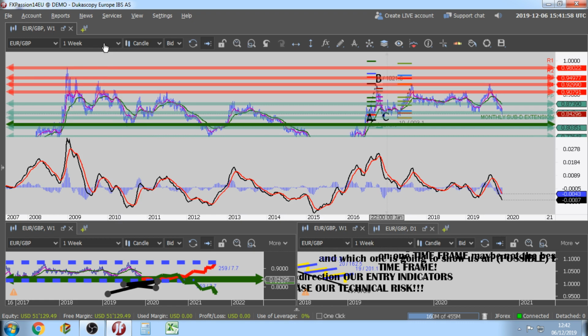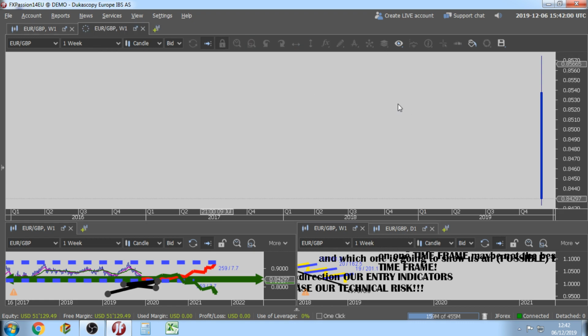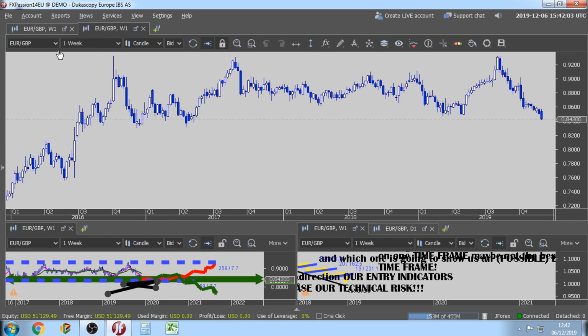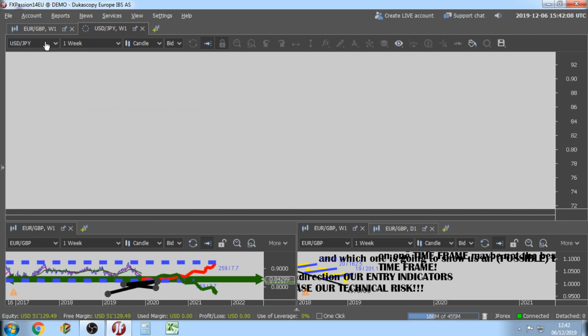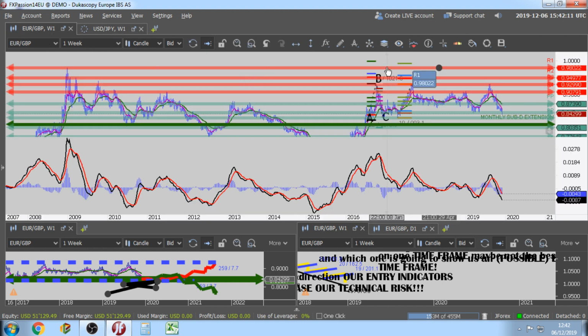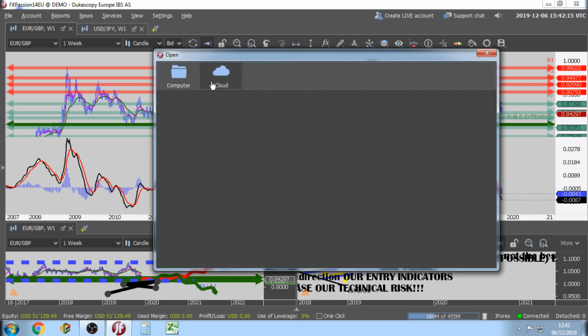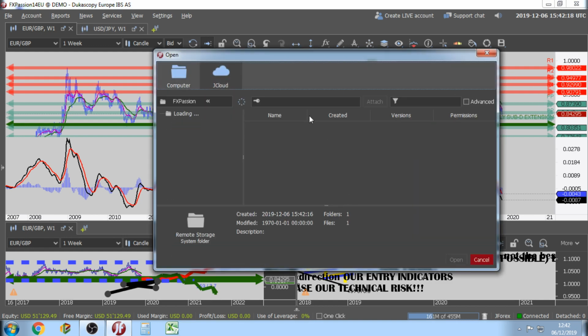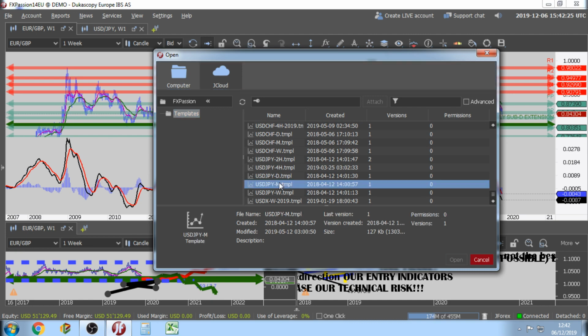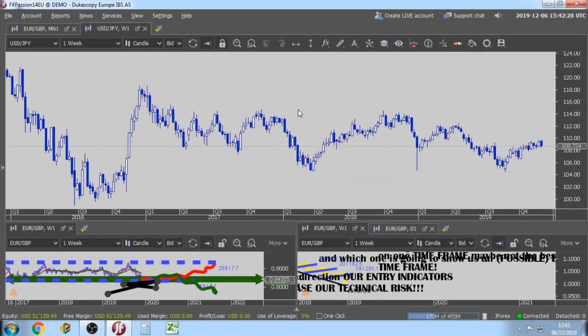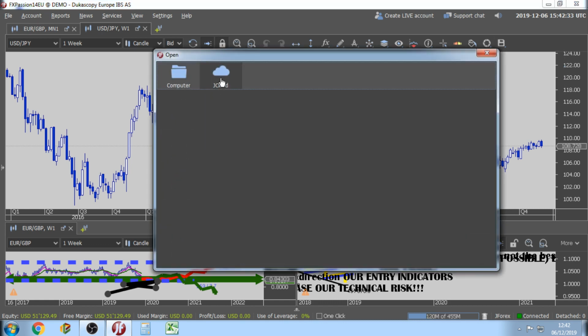I'm using on the weekly and, let's open a different chart, everybody. Let's take USD JPY as an example. I'm going to open USD JPY, open template. I'm going to open USD JPY on the monthly, and I'm going to open USD JPY on the weekly.